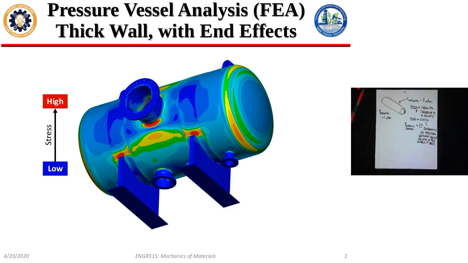So whenever we work these problems, we're always going to be working in gauge pressure, not absolute pressure, okay? Any pressure I say from here on out is going to be gauge. I'm going to try to note it, but just keep that in mind, because otherwise our summation of forces doesn't work out.